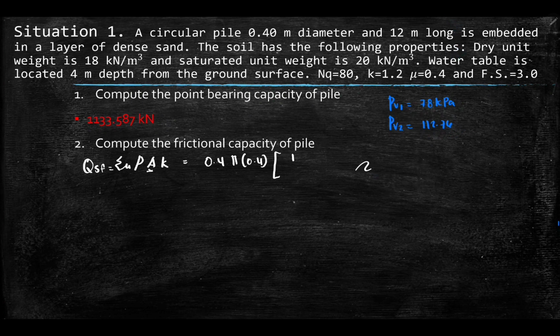So, in layer 1, it is triangular or varying. Therefore, our formula is 1/2 base times height.